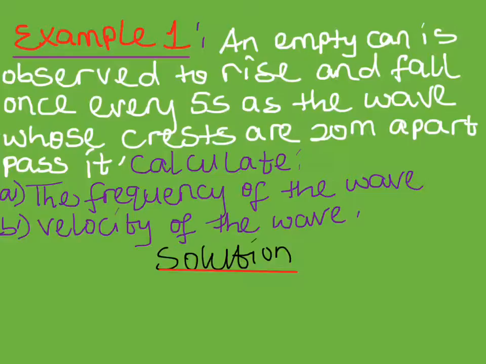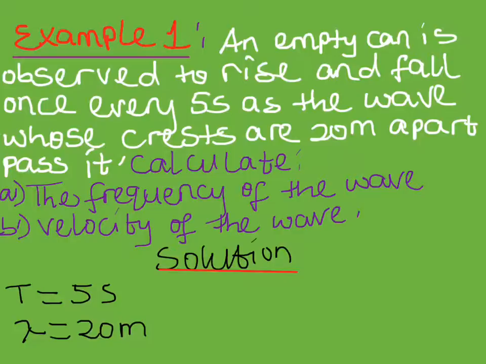Now, from what has been given, they said the can rises and falls once every 5 seconds. This means it takes 5 seconds to make one up and down movement, and so it gives us the period to be 5.